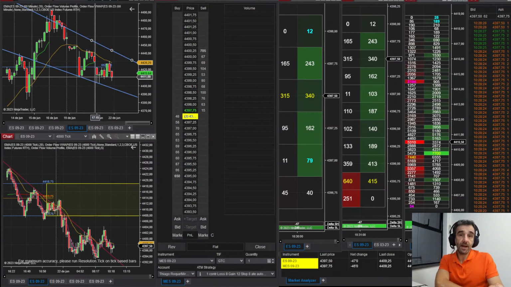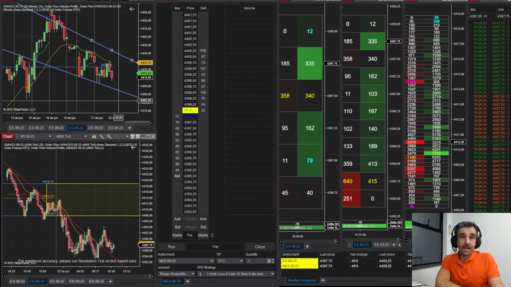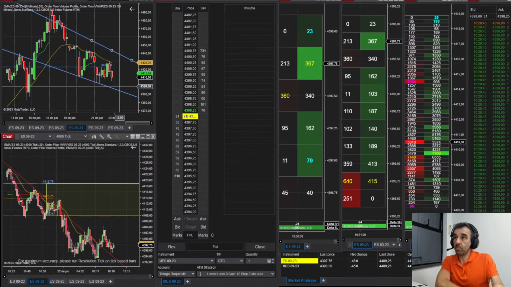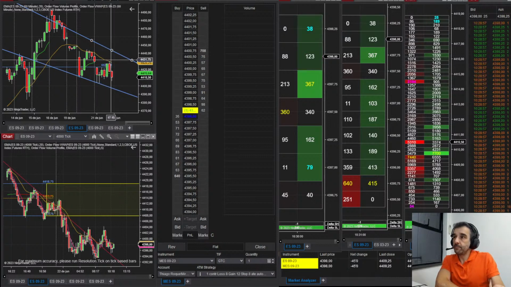I thought that losing the 410 could maybe speed up the move downwards, but what we've seen is that the region of 402, 405 is really strong. It was previously a support, and yesterday it worked pretty well, and prices were able to hold on 403 and then make the high at 430.